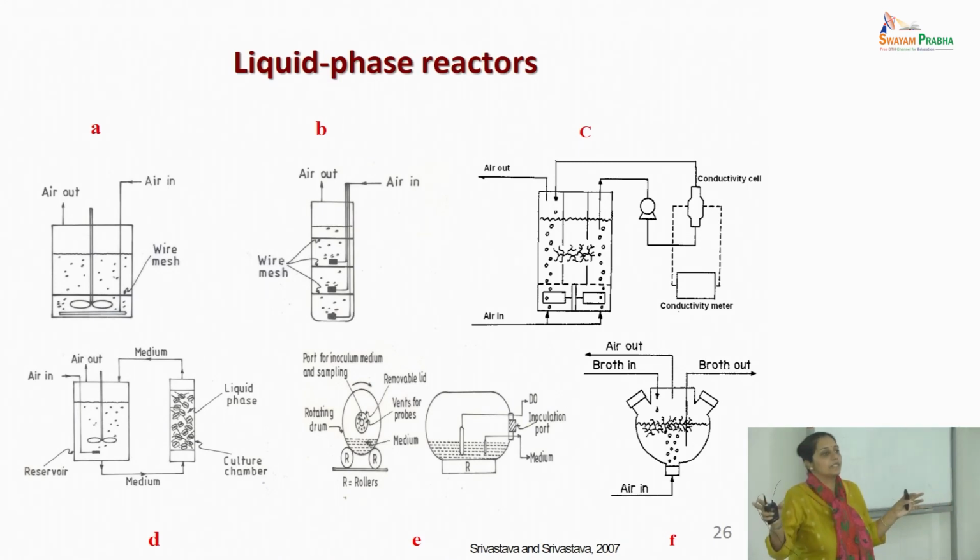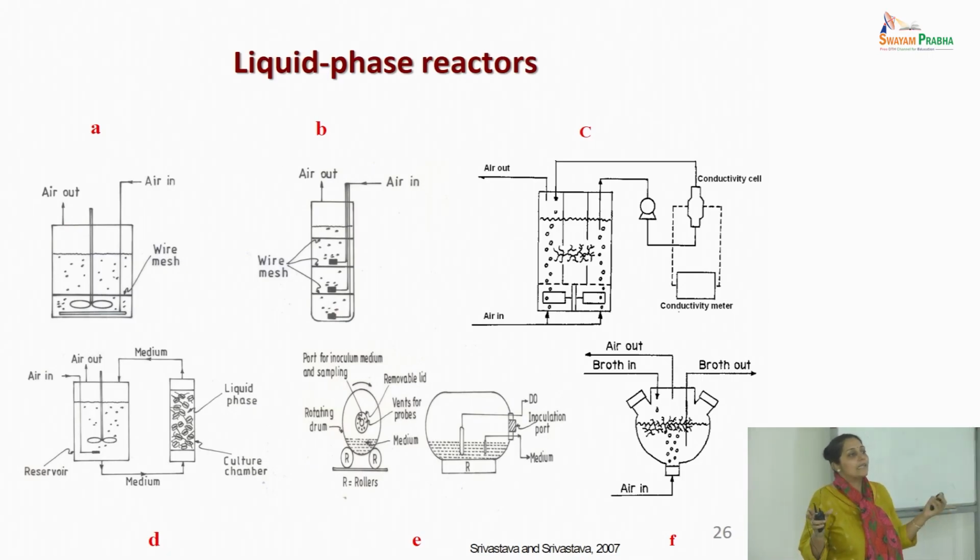The culture chamber has been separated from the mixing tank, and it has now become a trickle bed reactor where you inoculate the organs, the hairy roots, and you keep recirculating your media components by spraying onto the roots, and then it goes back to the mixing tank. We again aerate it to fulfill the dissolved oxygen requirement, and you keep recirculating.